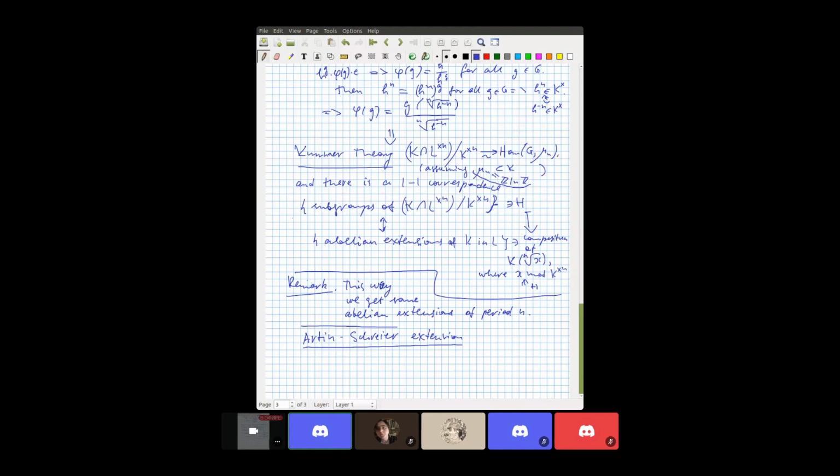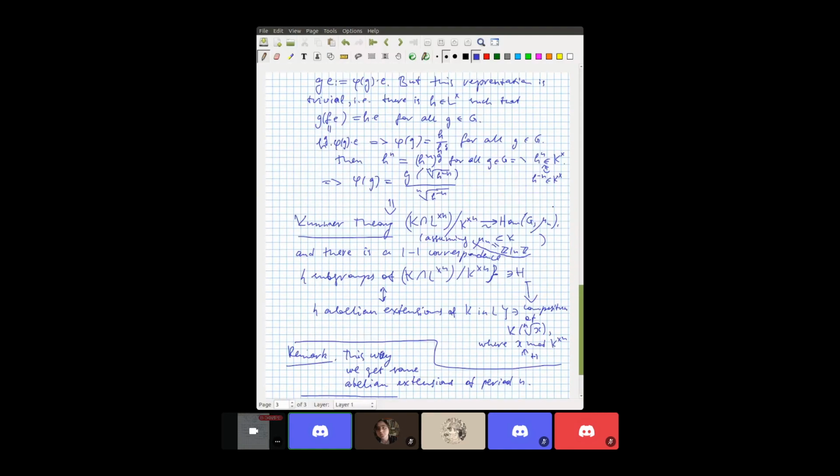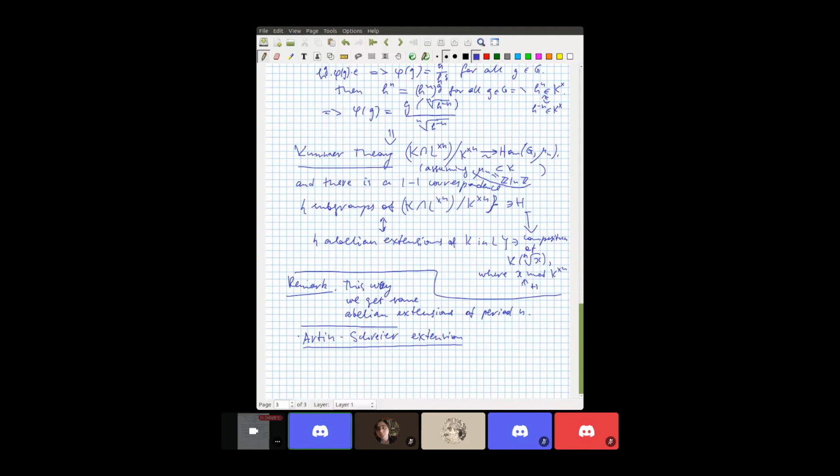So what was essential here in this construction? That we actually try to describe the homomorphisms from the Galois group to a certain cyclic group, and this does not work in the case when our n is divisible by the characteristic.